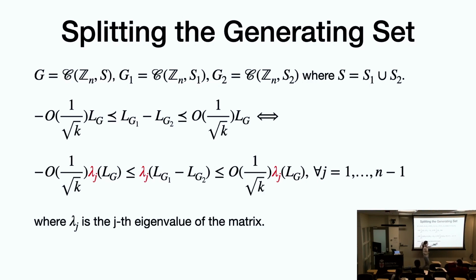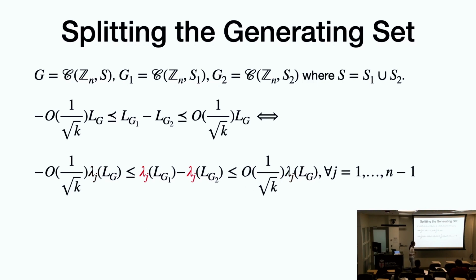And here we drop j equals 0 because everybody will have 0. Okay, further we can write the jth eigenvalue of the difference between these matrices as the difference between the jth eigenvalues of these two matrices. And we have explicit forms.